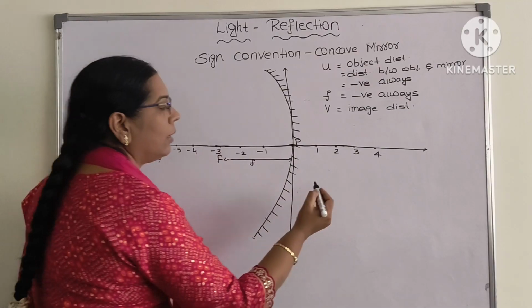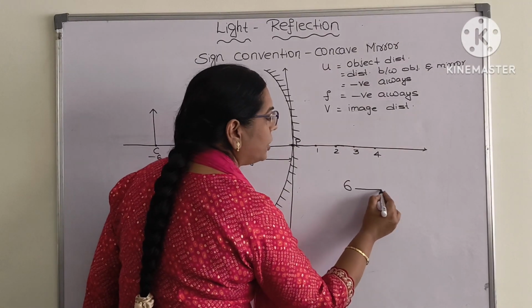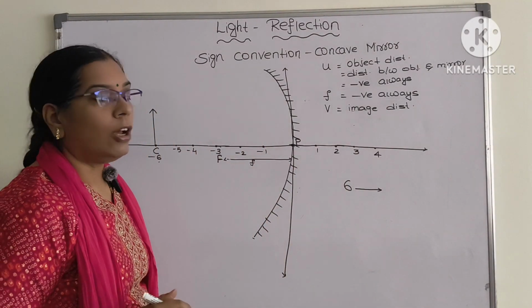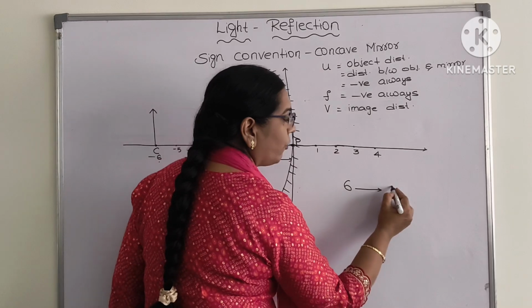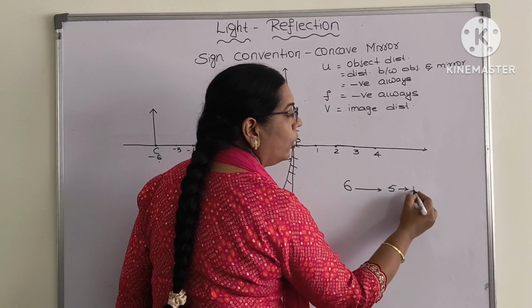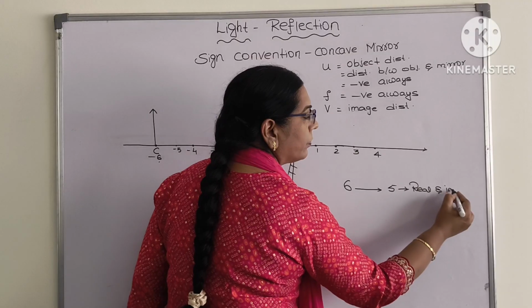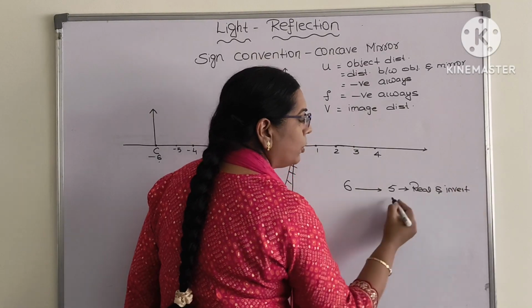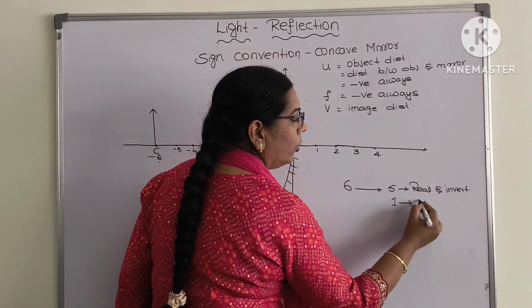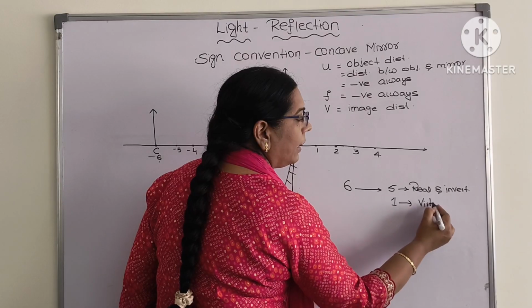There are 6 positions for the object for a concave mirror. Out of these 6 positions, 5 positions will give you real and inverted images, and one position will give you a virtual and erect image.